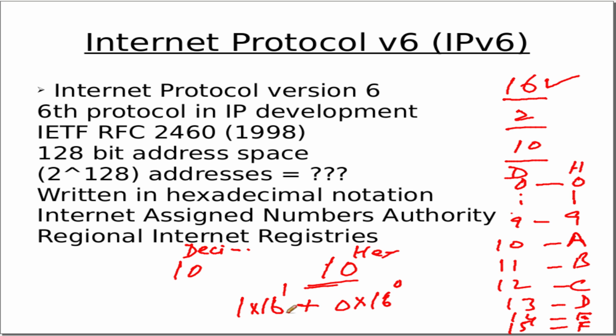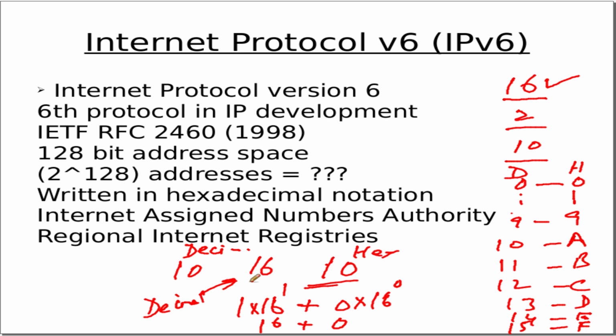So once we do that, we see that this comes out to be 0 and this comes out to be 16. So 10 in hexadecimal means 16 in decimal.